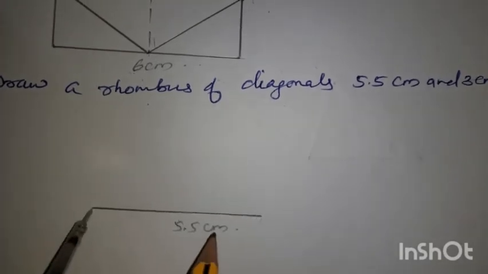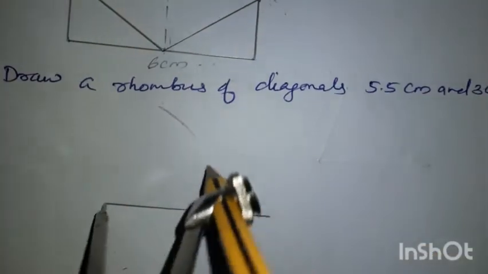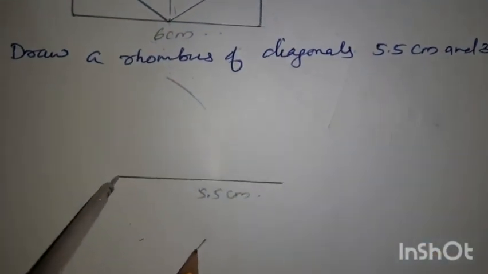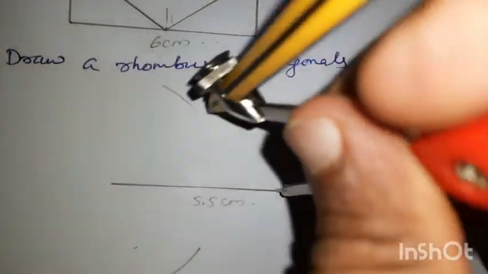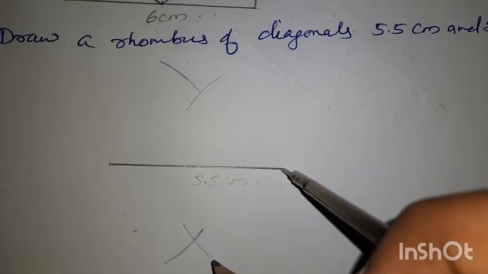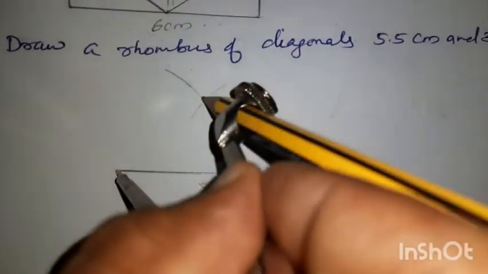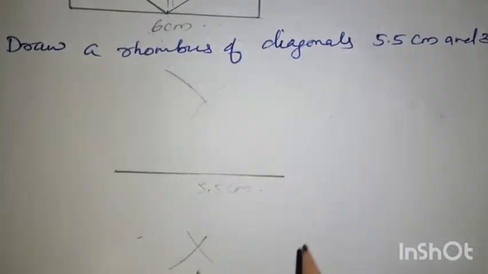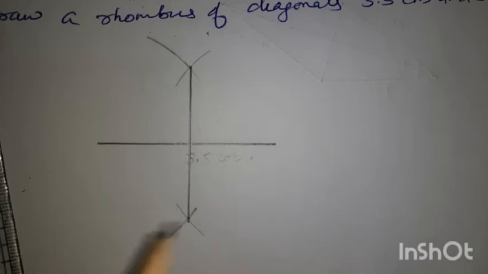So take more than half, draw the arc on top and bottom. Then from the other end, so that it will meet at these points. So join that line.